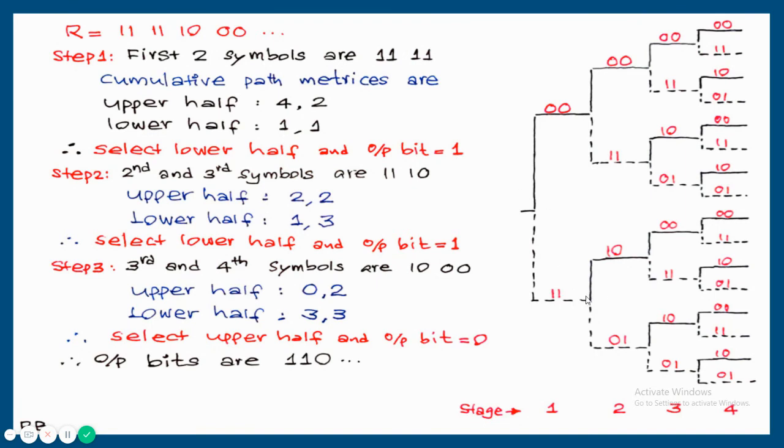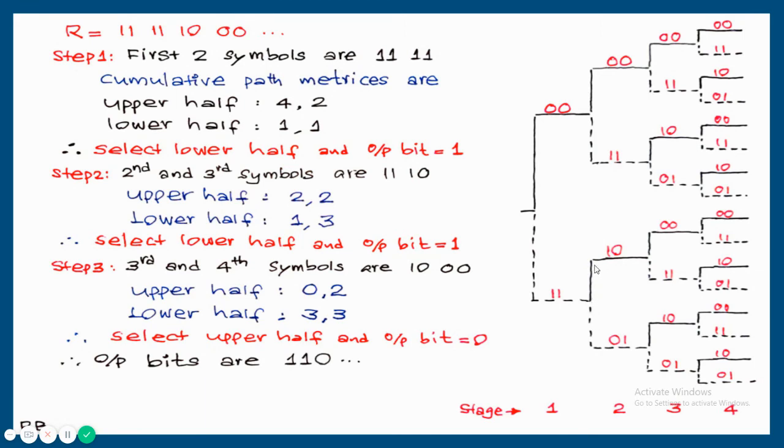So now we are here. Now the next decision is based on the next two symbols. Next two symbols are 1 1 and 1 0. So I am writing 1 1 and 1 0 here, the second and third symbols. Now from here we are going to make one decision, upper half or lower half.